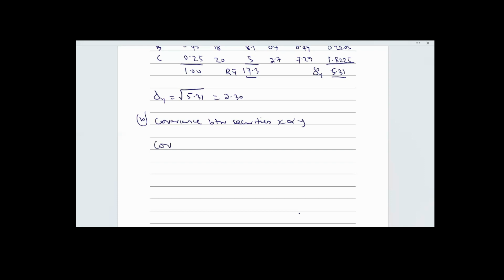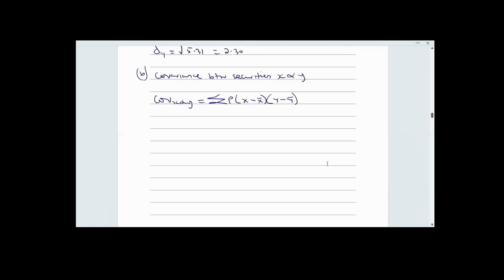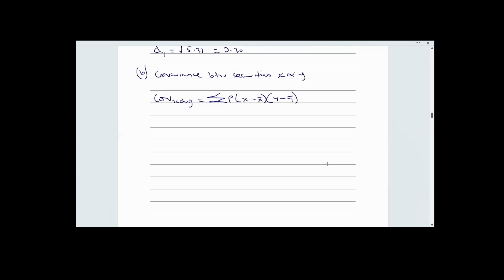So covariance between X and Y will be calculated as summation of probability multiplied by (X minus X bar) multiplied by (Y minus Y bar). This is the formula to calculate covariance between securities. So I would then say states.